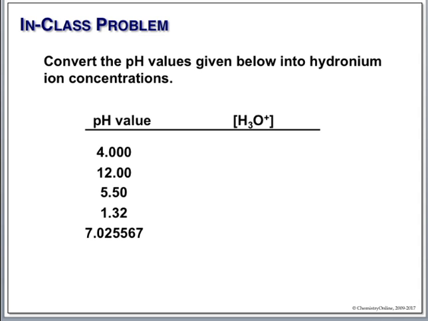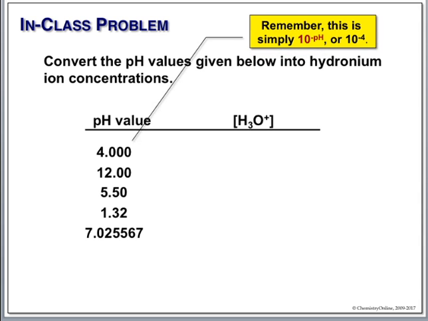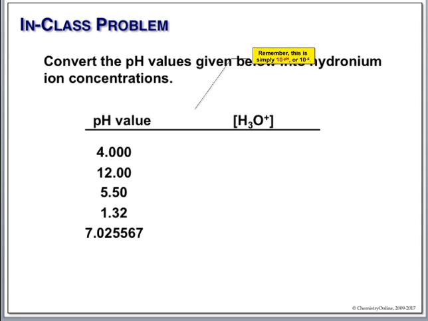Or you could remember that the pH is simply the negative log of hydronium. What's the negative log of 10 to the minus 4? Up to 10 to the 4? 10 to the minus 4. So for an even number, it's really easy. All you do is change the sign.